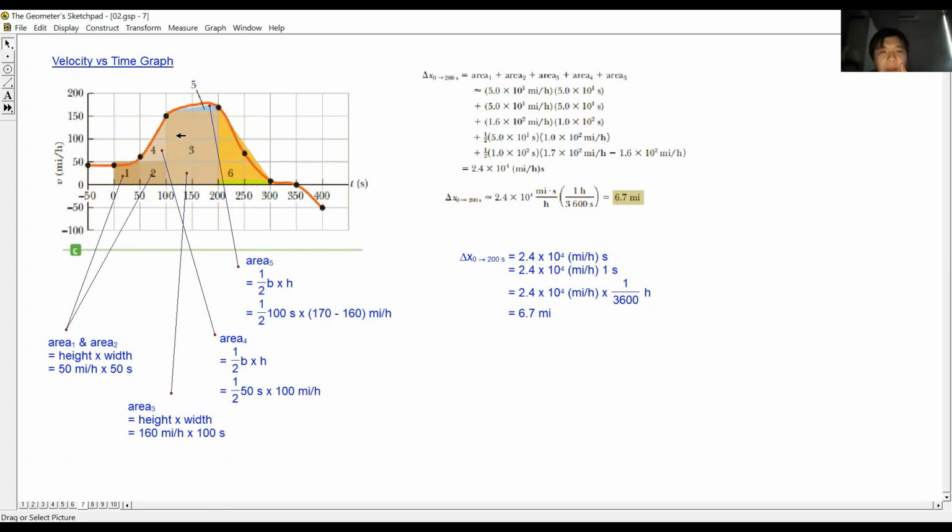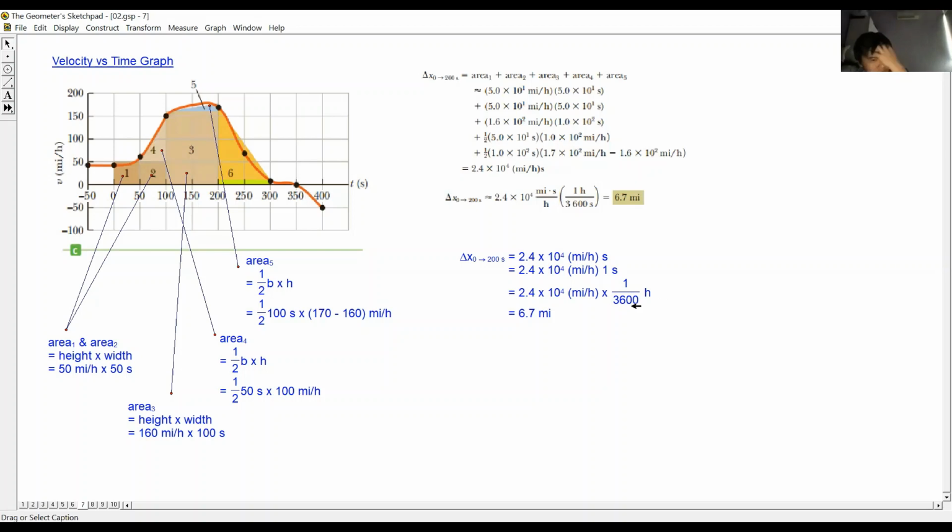By adding up the area under the graph from 0 to 200 seconds, using area of rectangle, area of square and triangle, after adding up all the area, we have 2.4 times 10 to the power of 4 mile per hour per second.